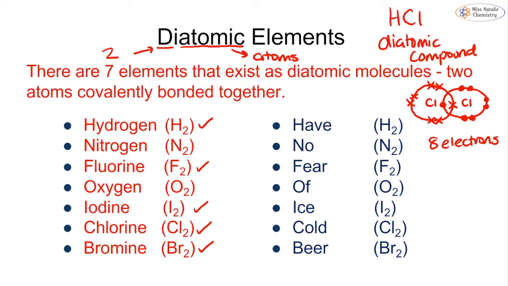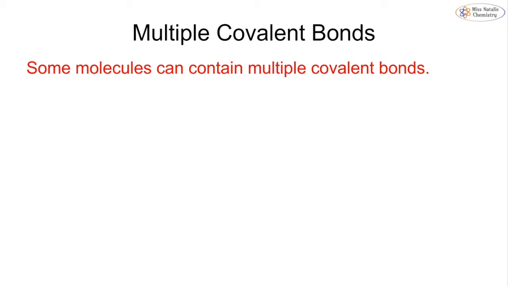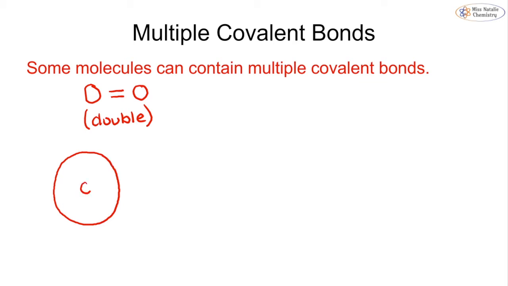Now the difference, however, for oxygen and nitrogen is that they can contain what we call multiple covalent bonds. And what that means is rather than one bond between them, for example for oxygen, it has what we call a double bond. So how do we draw that? Well, we draw our outer shell of oxygen, and we draw our 2 sets of groups that are already paired, and then I have my 2 unpaired electrons that sit in the centre here.